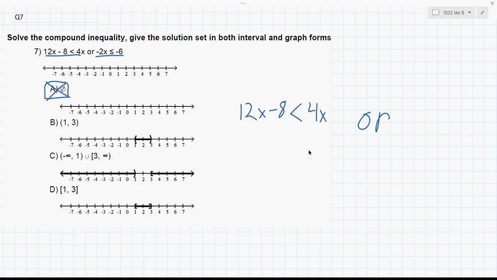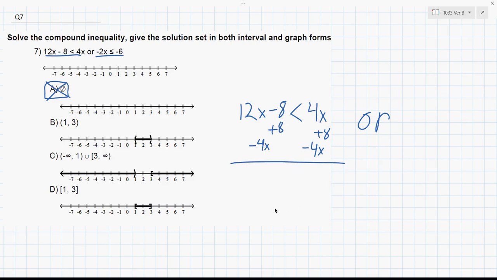So going back to this, what I can do is I can move the x's all to the same side. I'm going to move them towards the 12x, and I'm going to move the 8 to the other side so that there is positive numbers on both sides, so division will be easier. So we're going to add 8 to both sides, and we're going to subtract 4x from both sides.